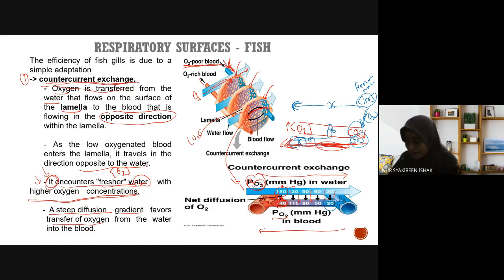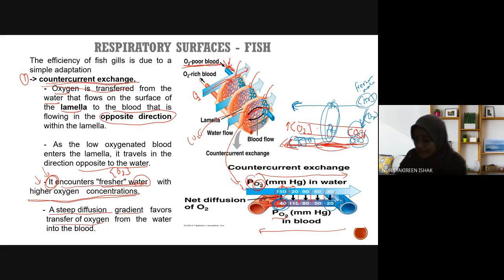So sampai sini dah blood ni akan boleh extract sampai 75 je concentration of oxygen. Faham tak? So kalau kat sini dengan adanya boleh berlaku counter current exchange, it makes sure that the blood concentration of oxygen is high, which is bila dia keluar ke artery 140. Berbanding kalau dia berlaku dalam aliran yang sama, darah dengan air dalam aliran yang sama, so dia tak boleh nak extract the maximum amount of oxygen sebab kat sini tengah halfway dia dah reach equilibrium.